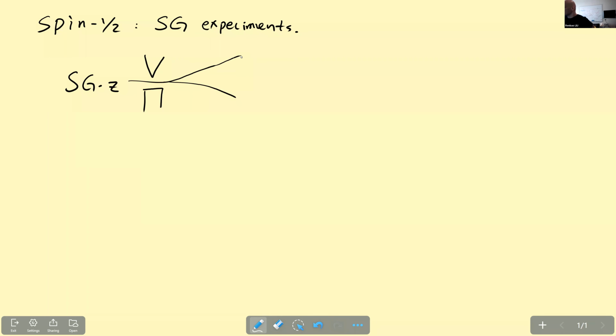Then we have the states, or possibilities, of this output. One possibility we call spin up in the z direction. You can also denote this as chi z, and in matrix form this is (1, 0).